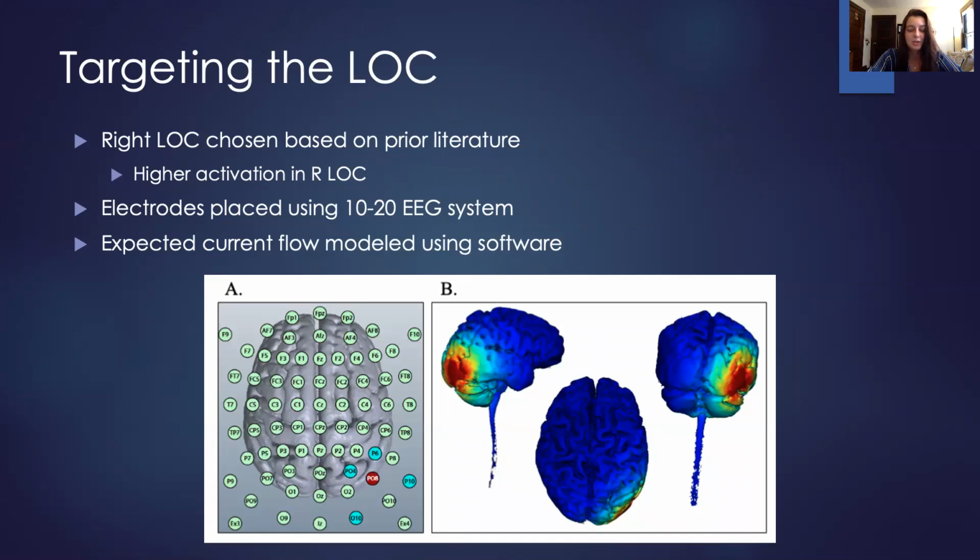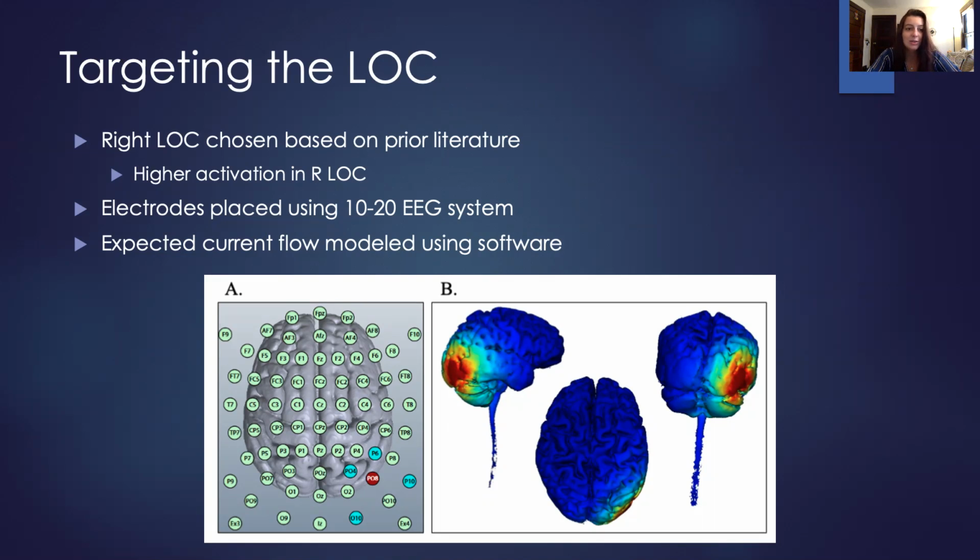In order to make sure we were actually stimulating the area where we wanted to stimulate, we used a modeling software that gave us our expected current flow. So in panel B, you can see that the areas in red of the brain were the areas receiving the highest amount of stimulation. So that's directly corresponding with the right LOC.